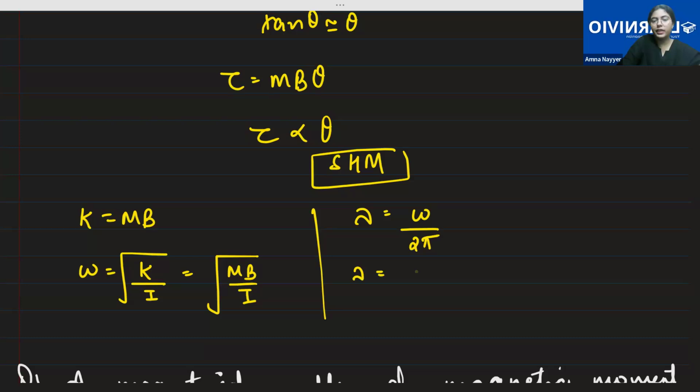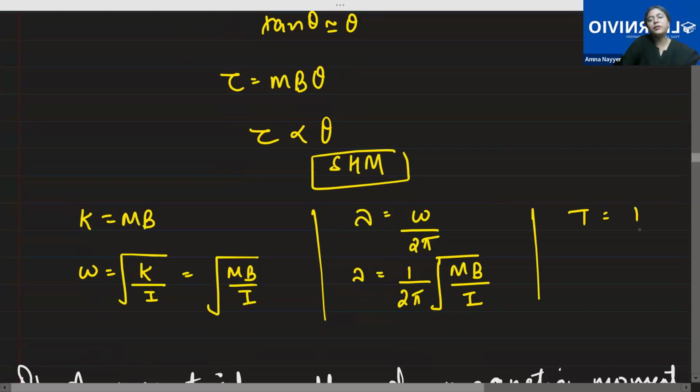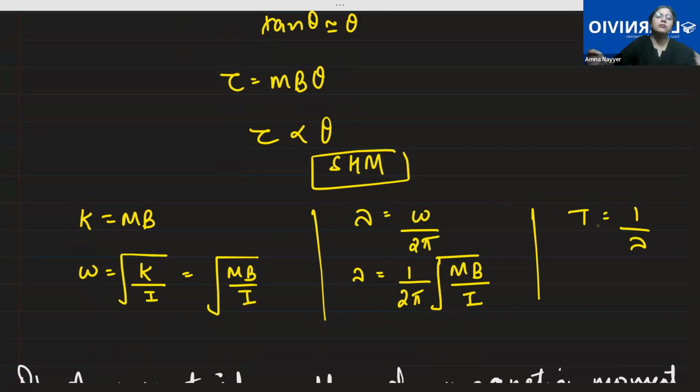So this will be 1 by 2 pi under root of mB by I. Okay, so this is the extra part. If it comes, you can use this. And then again, if the time period is asked, time period will be 1 upon frequency. Like this, you can keep on elaborating the portions.